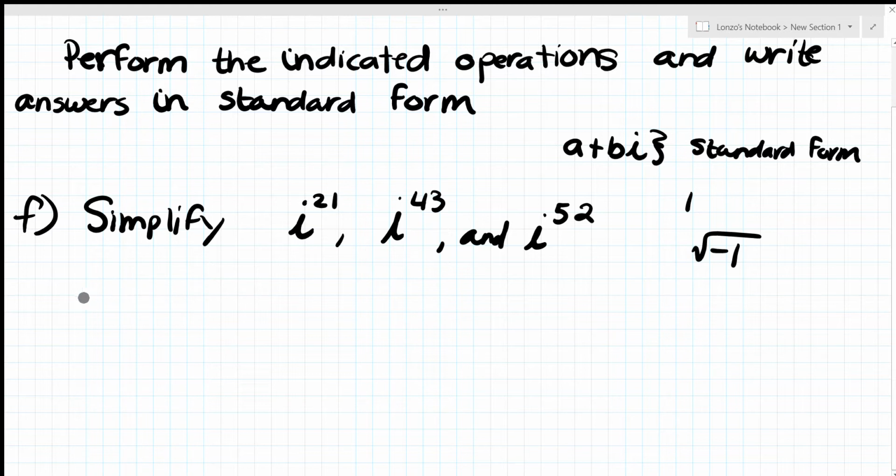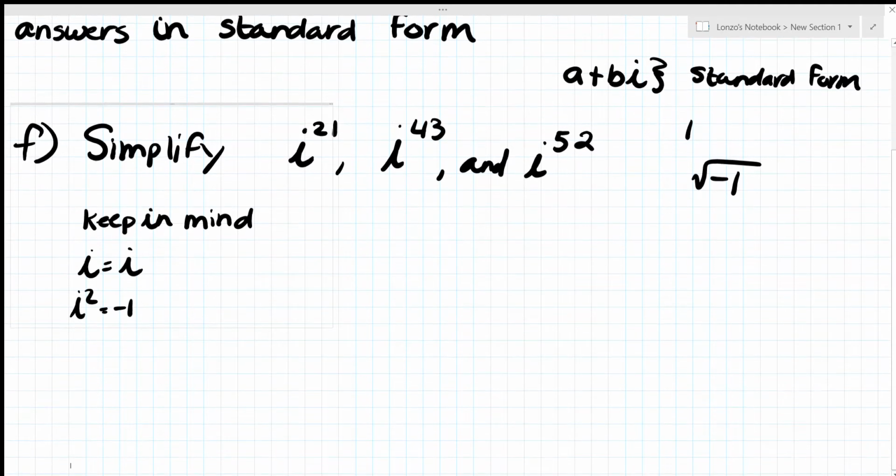So keep in mind, you might want to write this down. This is given. This is something you would find in your textbook. i equals i, i squared is negative 1. So these are just rules. i cubed is negative i.